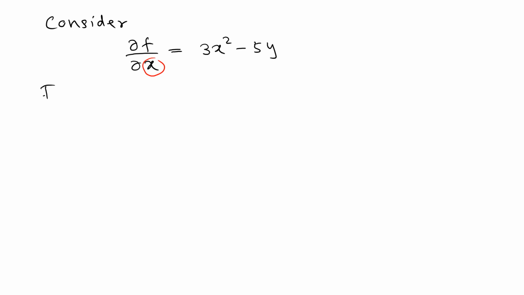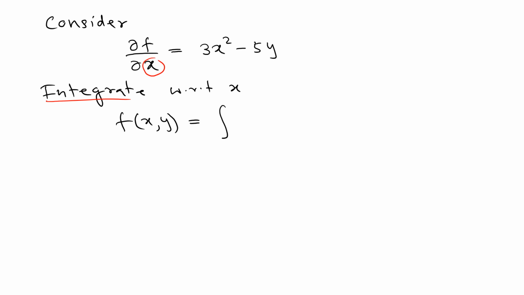So when you do that, you're going to get f(x,y) on one side, and on the other side it is the integral of 3x squared minus 5y. It is not just a dx, it's a partial integral.